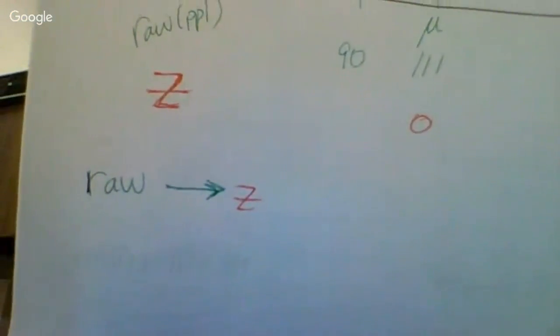Now, if I spell out the process as I need to, there are 3 steps. My goal is, again, to find the z-score. So I know I have to go from a raw score to a z-score. And the tool I use to get from a raw score to a z-score is the formula.